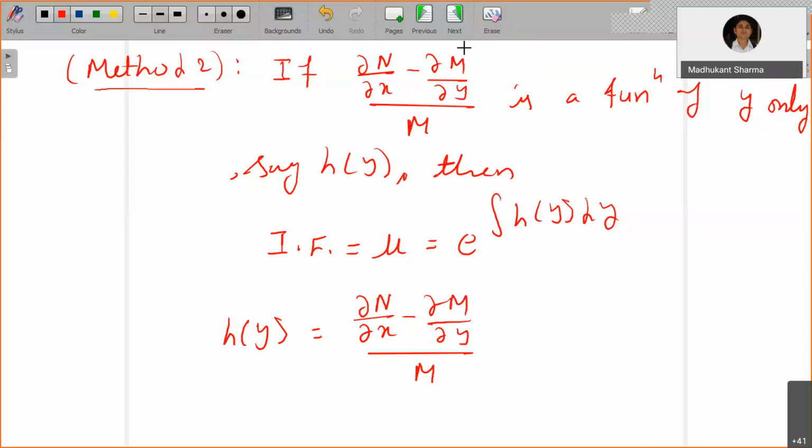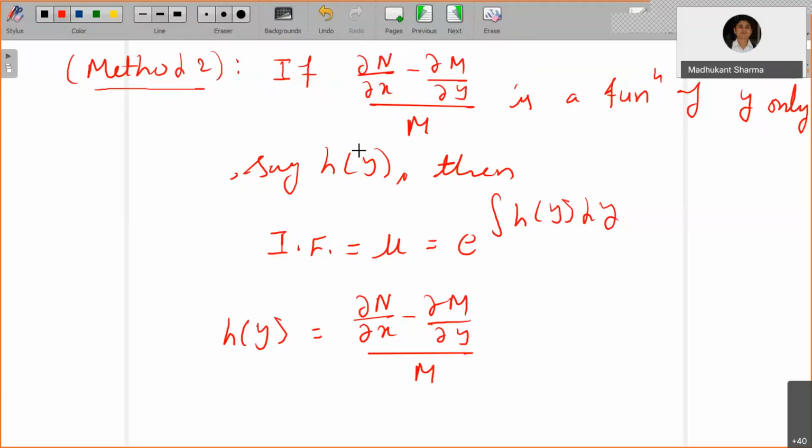Similarly, if the difference contains factors of n, and after removing them the remainder is a function of x only, it falls into method 1. So from the first result, whether dou n by dou x equals dou m by dou y or not, you can observe whether it falls into method 1, method 2, or none of these methods.